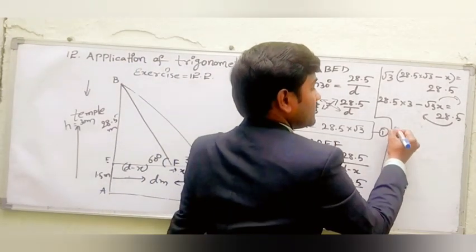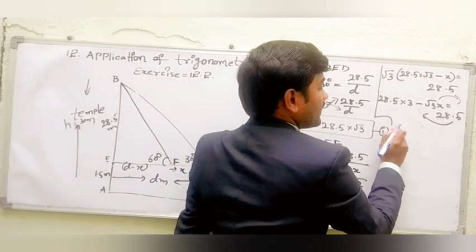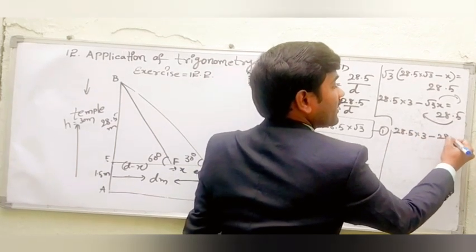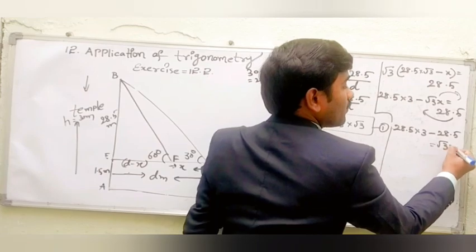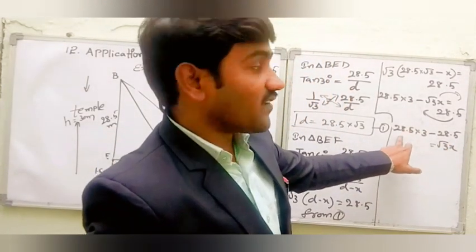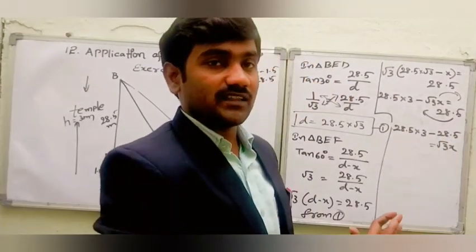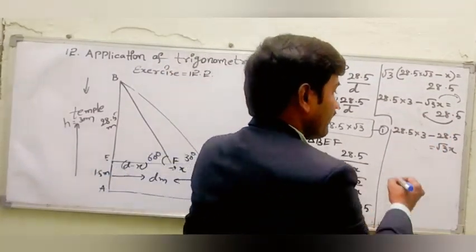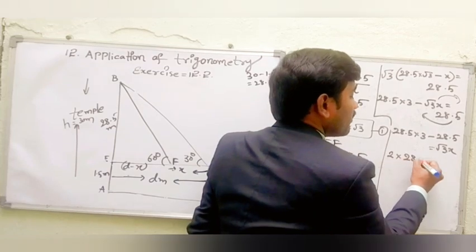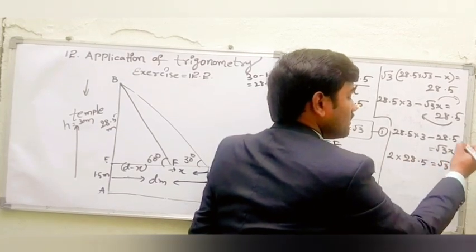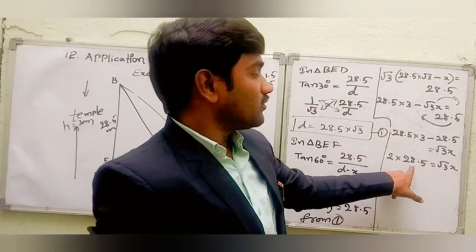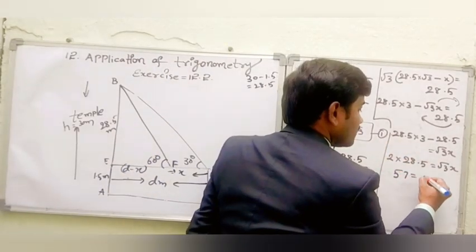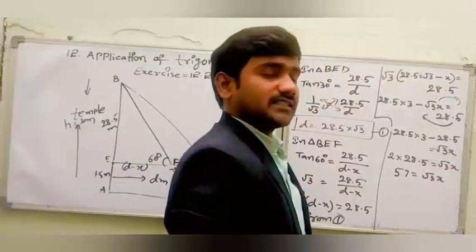Here 28.5 into 3 minus 28.5 equal to root 3X. Here there are 3 28.5s and here 1 28.5. Subtracting, 3 28.5s minus 1 28.5, we get 2 into 28.5 left, equal to root 3 into X. 2 into 28.5: 2 into 28 is 56, plus half and half, 57. So 57 equal to root 3 X.